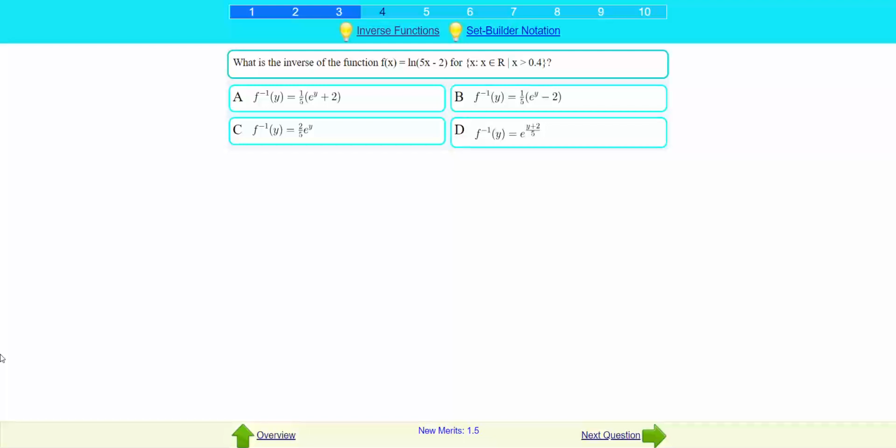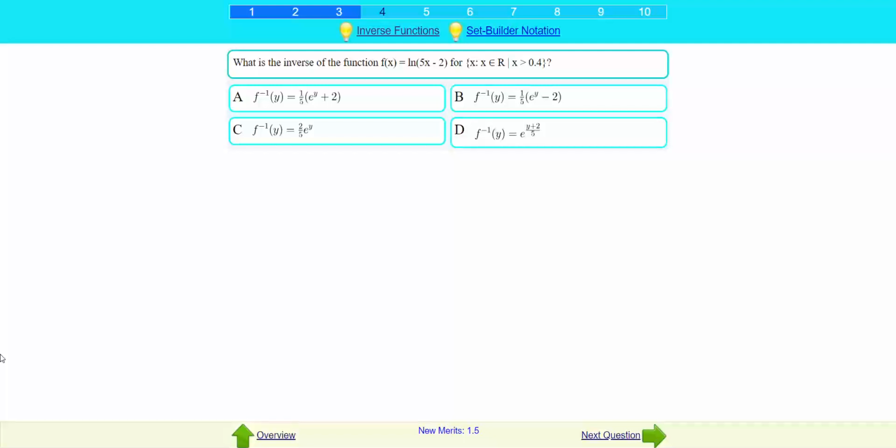E to the power of y plus 2 equals 5x. And then e to the power of y plus 2 divided by 5 would give us the x. And that's the inverse.